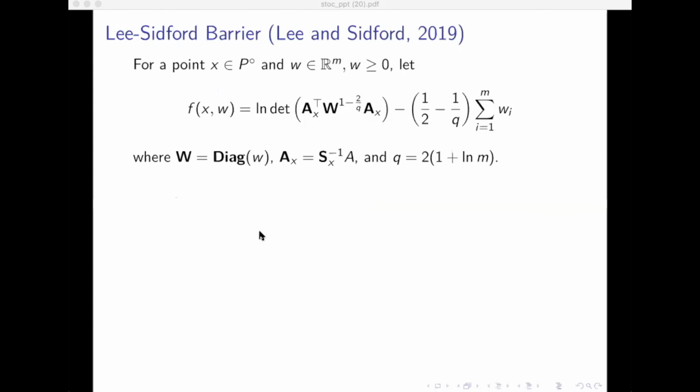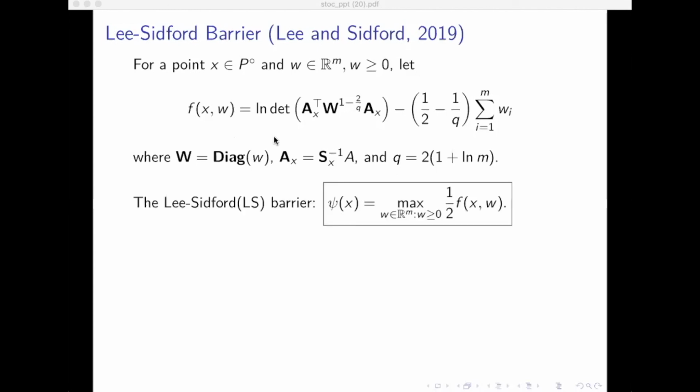For a point x in the interior of the polytope, let f_x(w) be the function log determinant of Ax transpose W to the power 1 minus 2 by q Ax, minus 1 by 2 minus 1 by q sum of wi's, where capital W is the diagonal matrix whose ith entry is equal to wi, and Ax is equal to Sx inverse A, and q is equal to 2 times 1 plus log m.